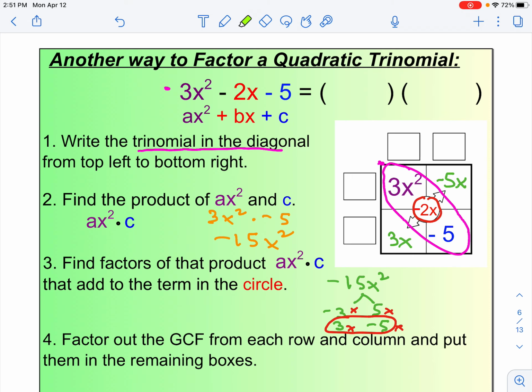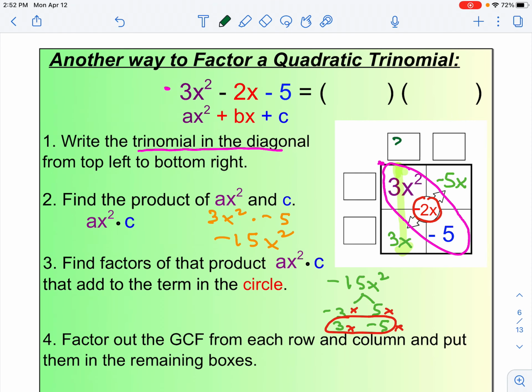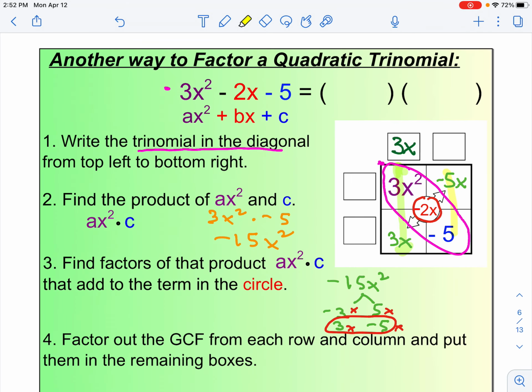So what I'm talking about here is from this column right here, there's a GCF of 3x. So 3x is the GCF. From this row, there is a GCF of negative 5. So I'm going to write that up here.